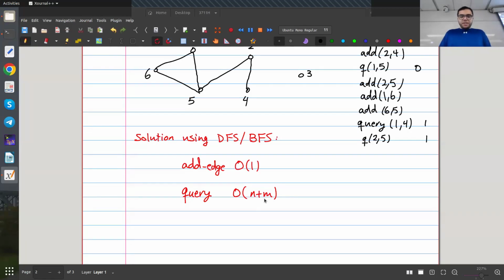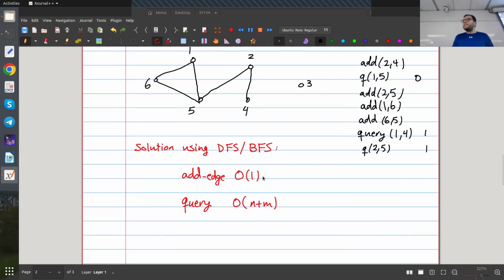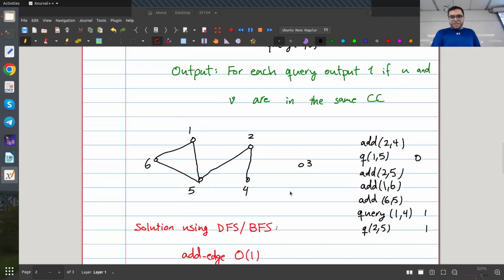So this reduces my query time to O(n). It will not have m anymore, but it also increases my add edge time to O(n). So my total runtime will become m times n, because I had m operations. M times n might be better than the previous one, which had m times n plus m, but it's not a big improvement. We want much better improvements.